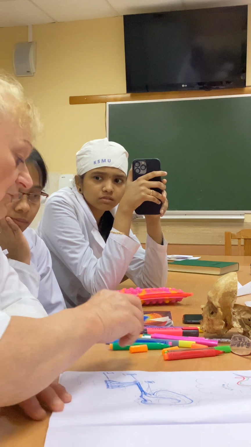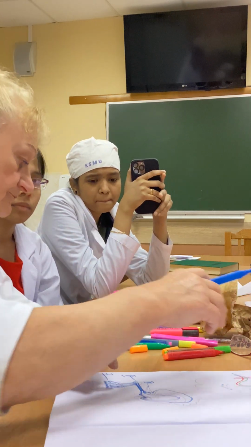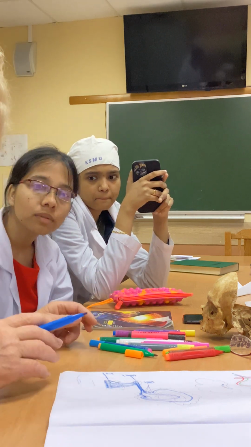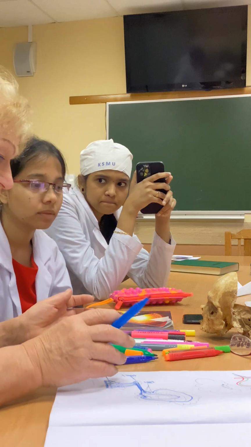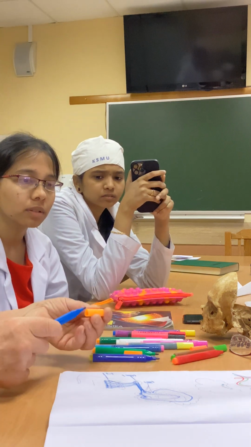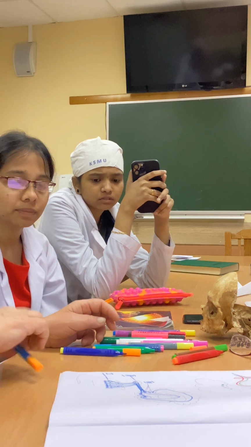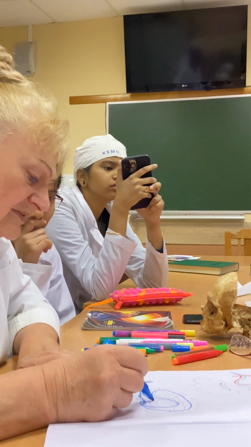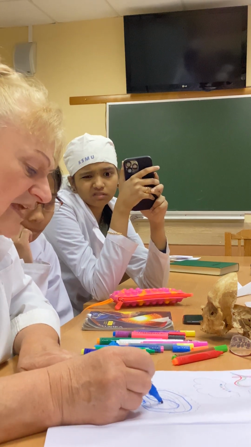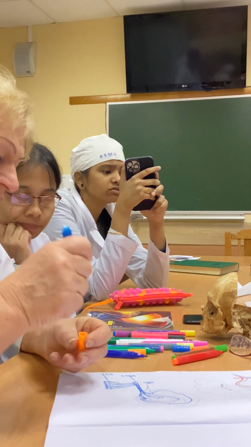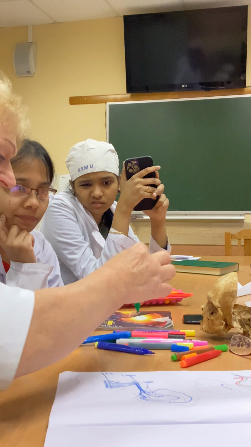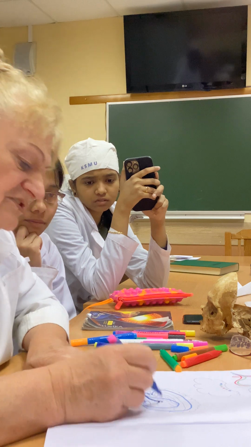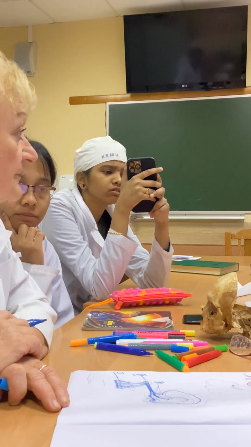For example, from the olfactory triangle, impulses will come into the anterior tubercle of the thalamus. For what? Do you see?